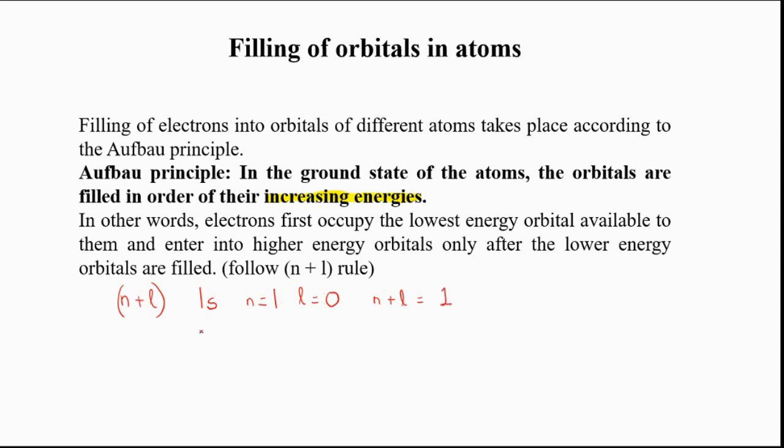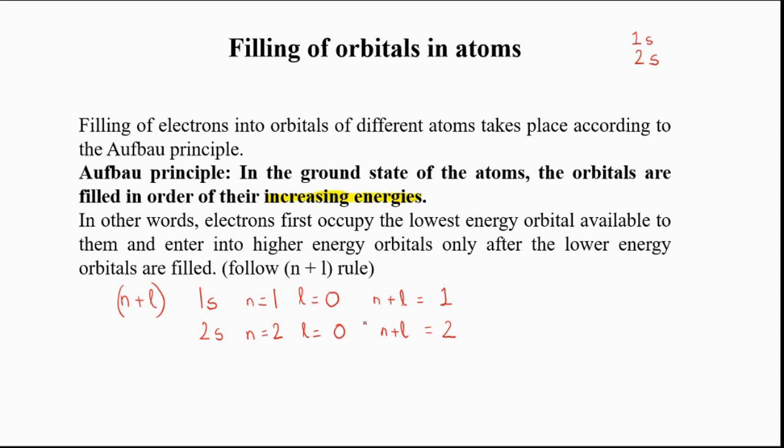Now if I consider 2s, we have n is equal to 2 and l is equal to 0, so n plus l for 2s is equal to 2. We know that the lower n plus l value means the lower energy, right? So the first occupancy will be by 1s, the second occupancy will be by 2s.